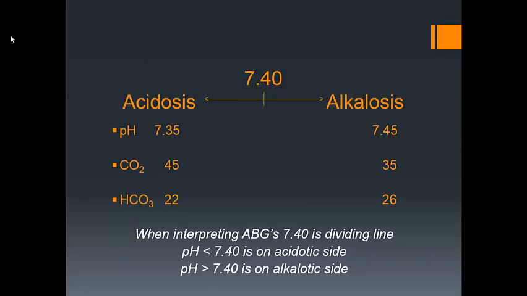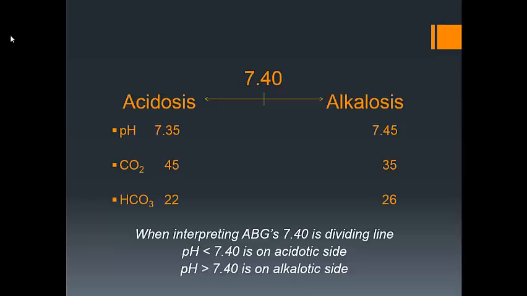Acidosis to alkalosis continuum, the middle point of that is the value of 7.40. You'll see down the left side your acidotic values, your pH, your CO2, and your bicarbonate. On the right-hand side, you'll see the alkalotic values. When you're interpreting an ABG and your ABG is compensated, your pH will be normal.